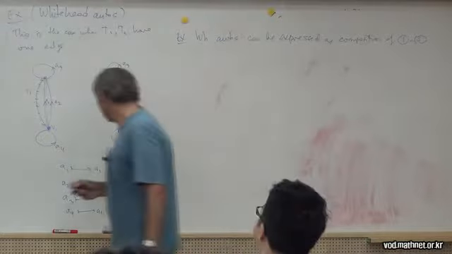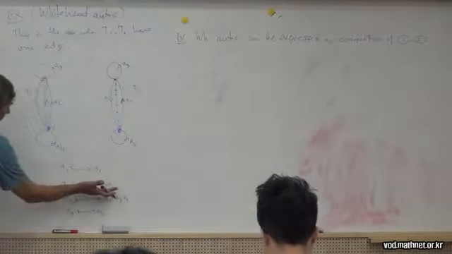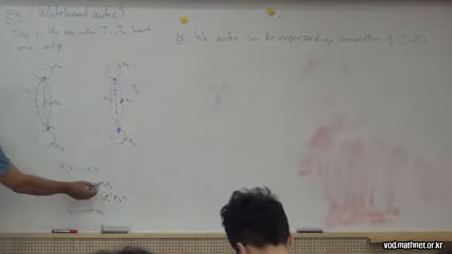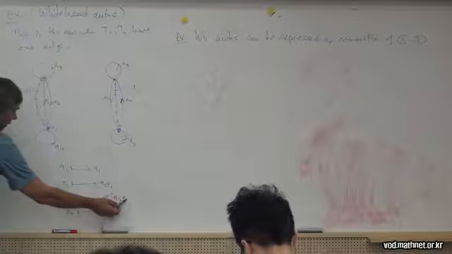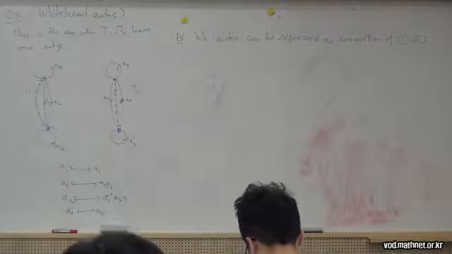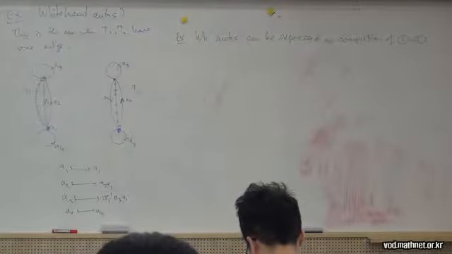I won't do that, but this part is already on the list, and for this one here, you have to replace A2 by A3, and you can multiply it by A1 on the right, and then multiply it by A1 inverse on the left. So Whitehead automorphisms are generated by these things over here.